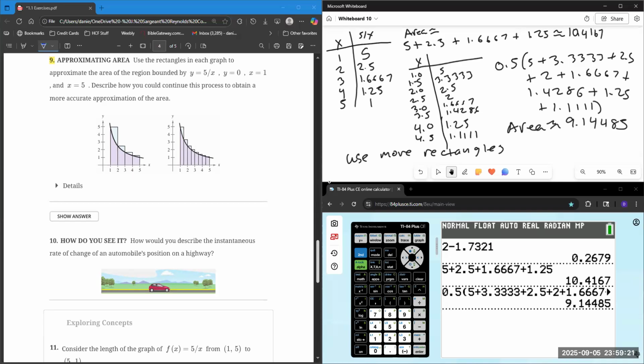The right answer is somewhere in between, and we'll try and learn a process. We're going to talk about something here called a limit in chapter 1. We'll try and use a limit process to squeeze out all the air and hopefully get an exact answer.